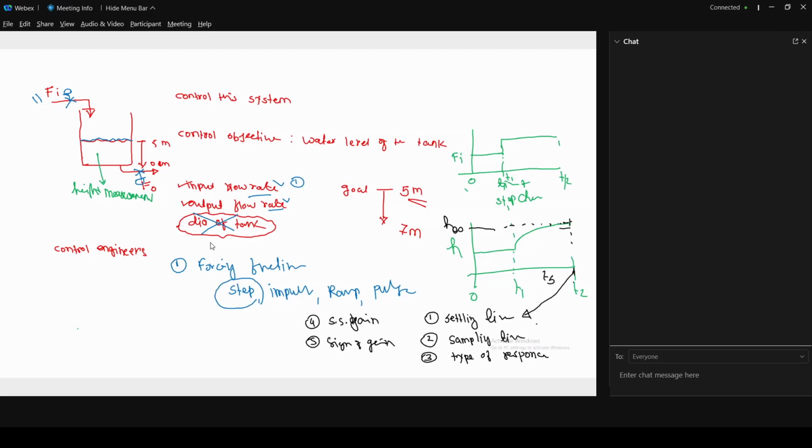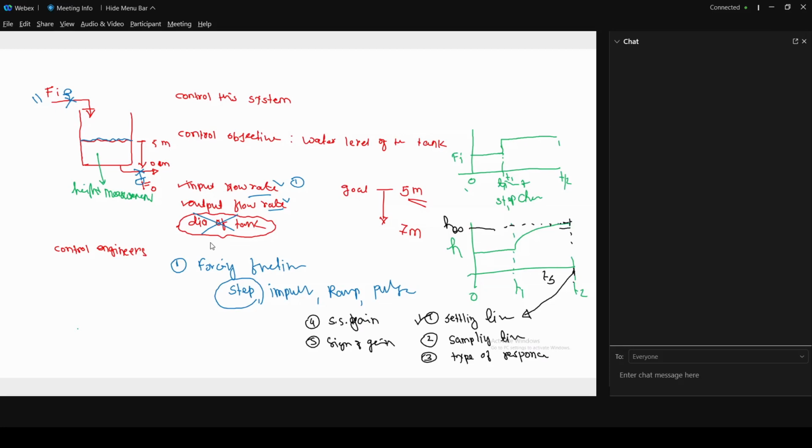Once I know that my system is going to settle in 5 minutes, 5 seconds, or 5 hours, I understand that if some change occurs in the system, it is going to be over in the next 5 minutes, 5 seconds, 5 hours, whatever the time may be. That is the information the settling time gives.